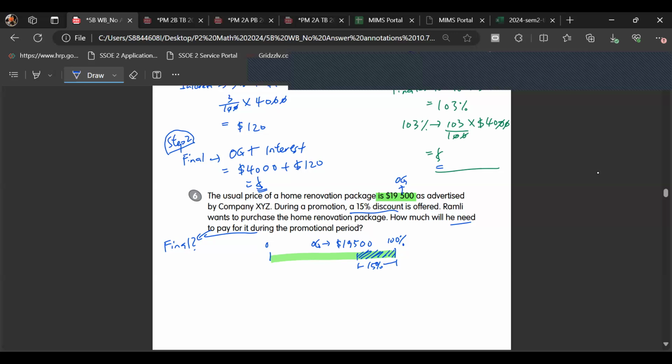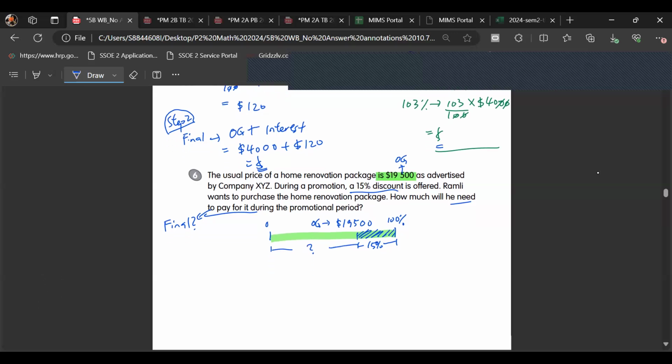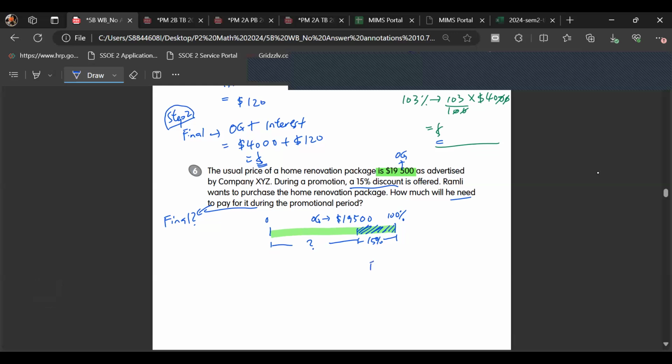So I can go straight into here to ask, the final amount is 100% minus the 15%. That's 85%.